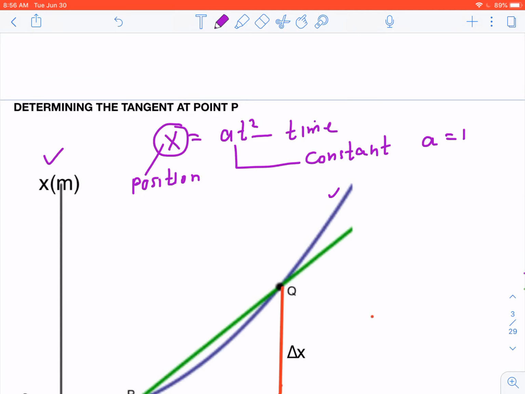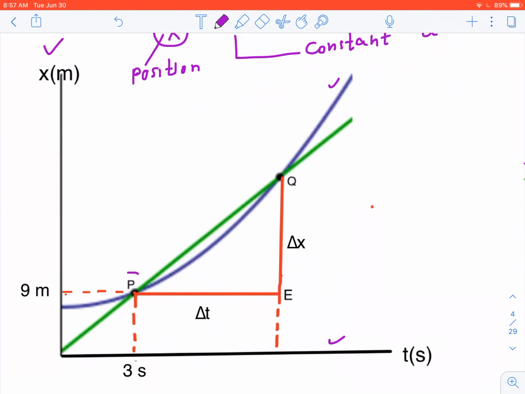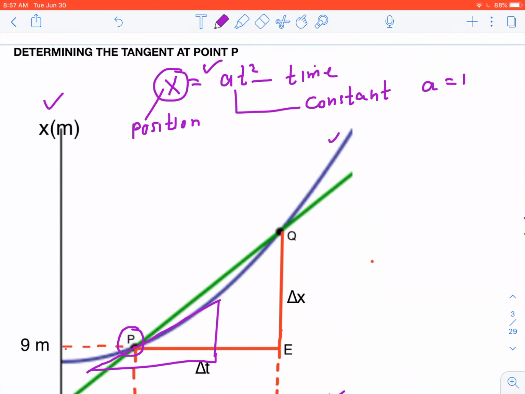So if we have this equation modeling it, now we want to know the tangent of a line at point P. And that means if a tangent is drawn to point P, we want to determine its slope, because the slope of that tangent is going to give us the instantaneous velocity.